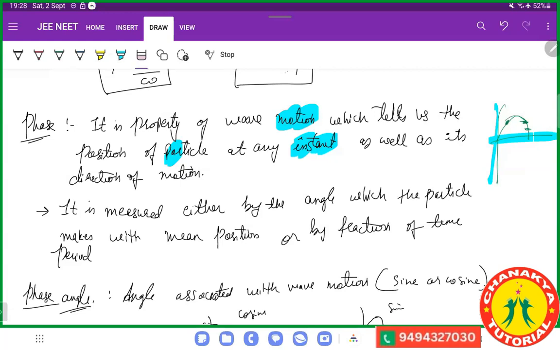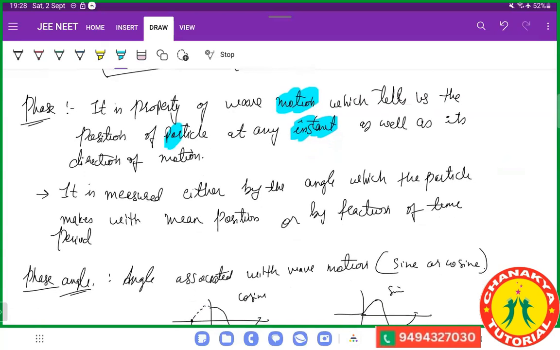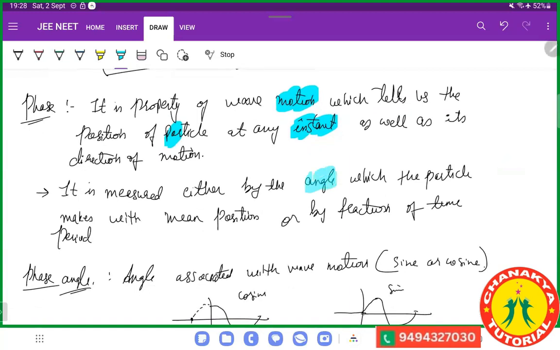So it shows at a particular instant what the direction of motion was, or what the position of the particle was. It is measured either by the angle which the particle makes with the mean position or by fraction of time period, meaning ratio of time period.